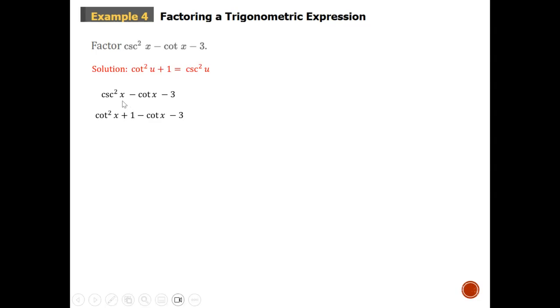You see, cotangent squared x plus 1 is the same thing as cosecant squared x. Now everything is in terms of cotangent, so we can add the 1 and the negative 3, which gives us negative 2. So it gives us cotangent squared x minus cotangent x minus 2. Again, we're going to let x equal cotangent of x.